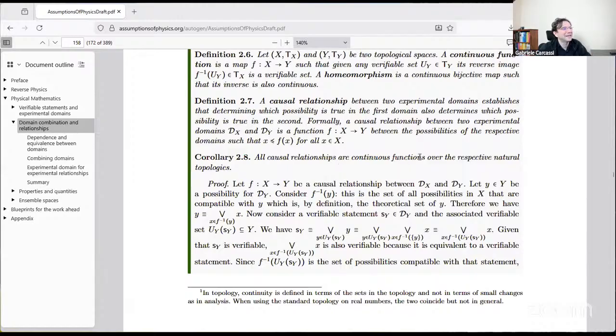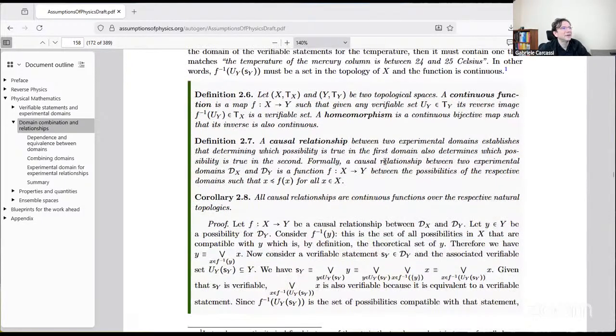The core of the idea here is again the fact that when you have statements that are equivalent in X and Y, and one of them is a verifiable statement, then they must both be verifiable statements.